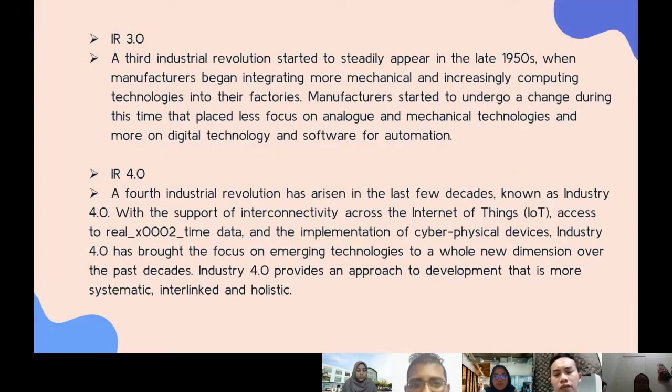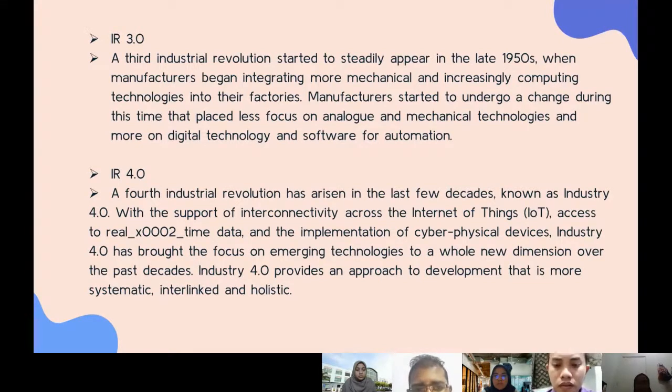Industrial Revolution 3.0 started to steadily appear in the 1950s, when manufacturers integrated mechanical computing technologies in the factory. Manufacturers started to place less focus on analog technologies and more on digital technologies, besides software for automation.